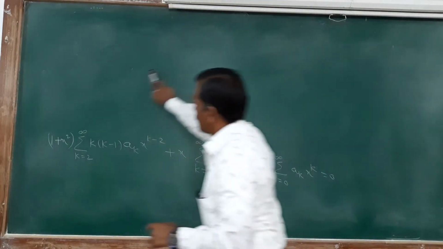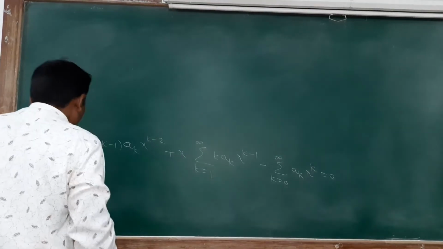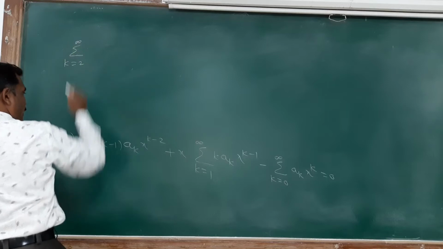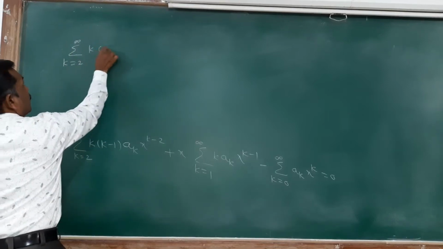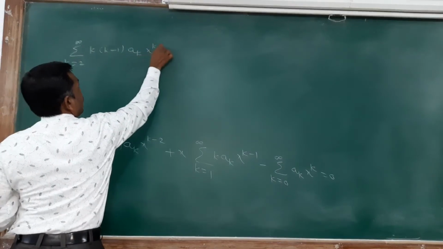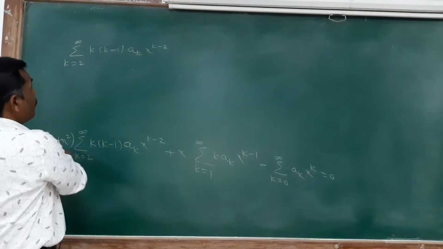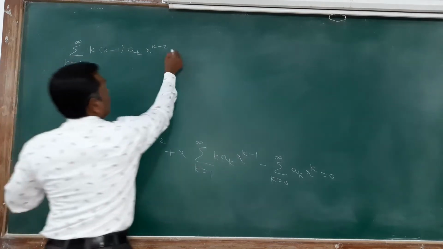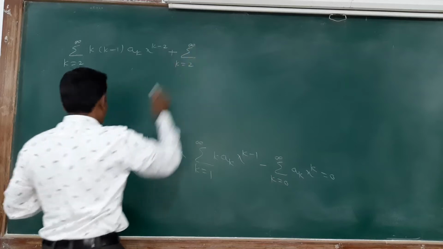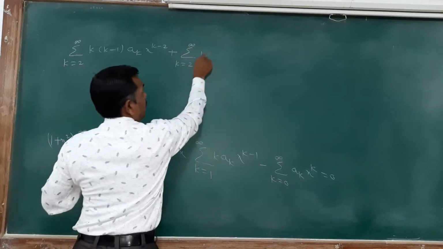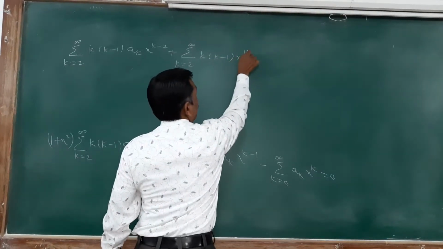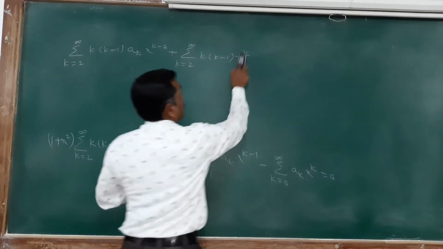Multiplying by 1, I get summation k = 2 to infinity k(k−1) ak x^(k−2). Right? Now multiply by x², so here plus summation k = 2 to infinity, you will get k(k−1) ak x^k.